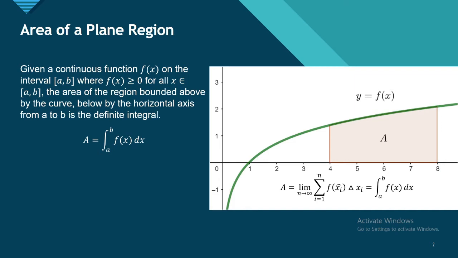The partition is like a subdivision of your plane region, so that we are subdividing it into strips of rectangles from a to b. You begin from a and then you end on b. Now, what is the purpose of producing this partition?